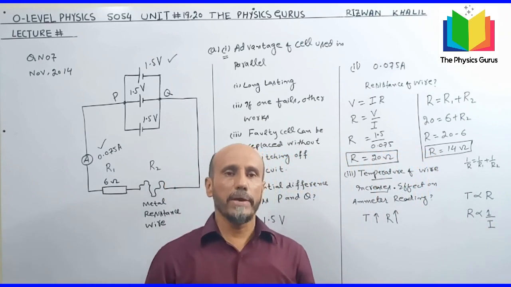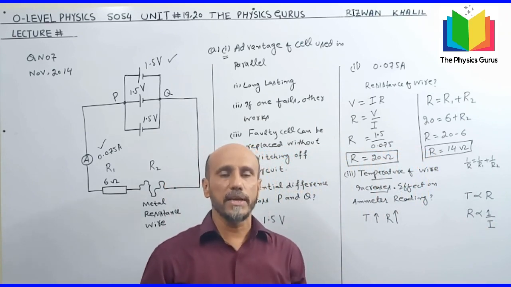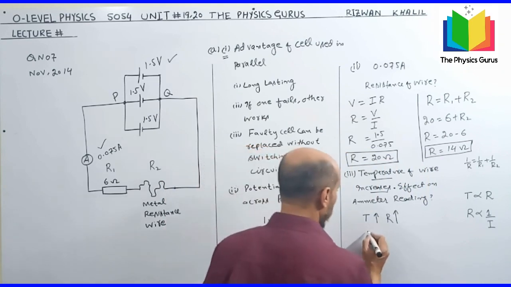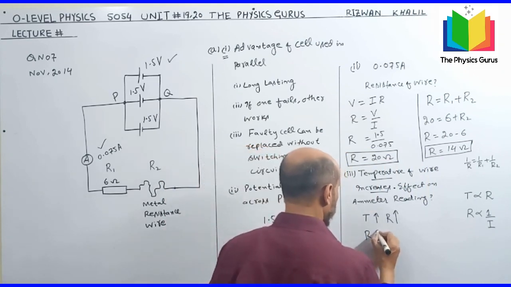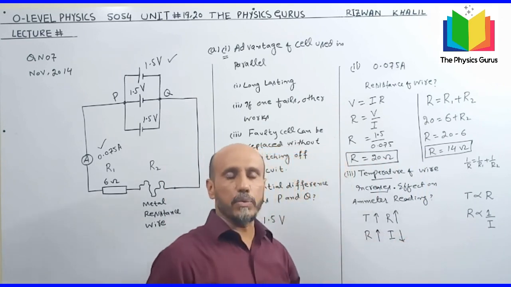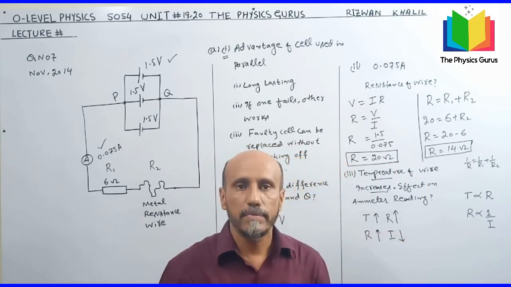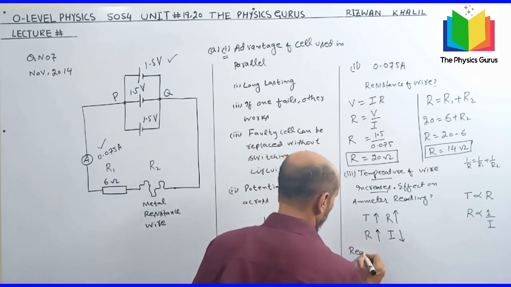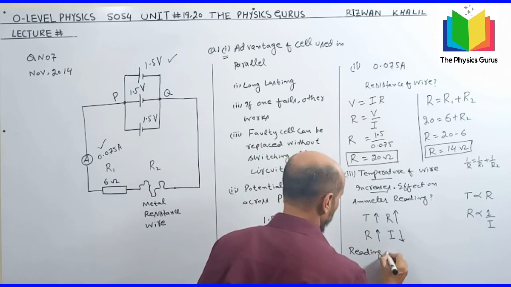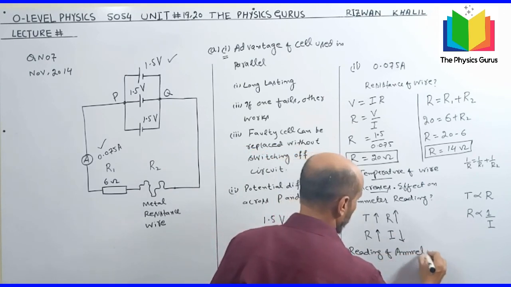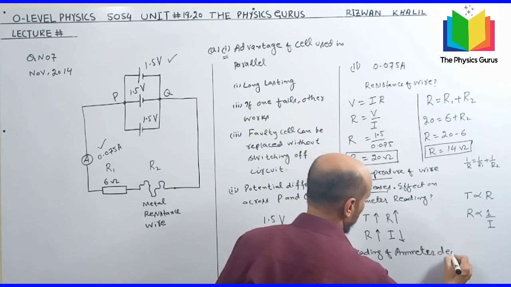That is, when resistance increases, current decreases, and when resistance decreases, current increases. So when resistance increases, current decreases, and current was measured by the ammeter. So the reading of the ammeter decreases.